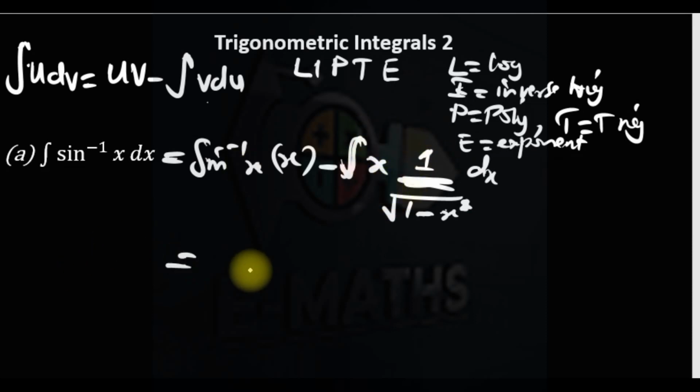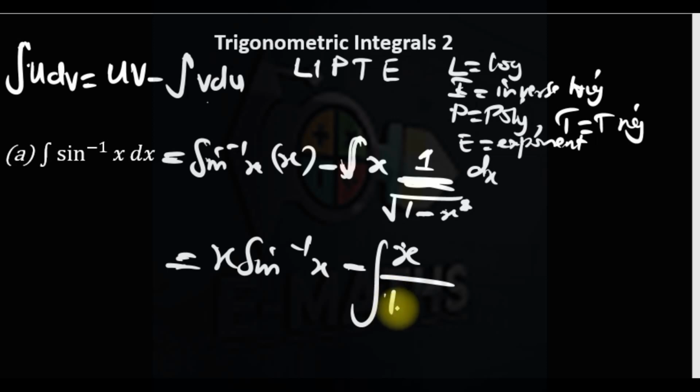So this is now equal to, let me write x first. So x sine inverse of x minus the integral of this. We start again. So minus, we have x over square root of 1 minus x squared dx.